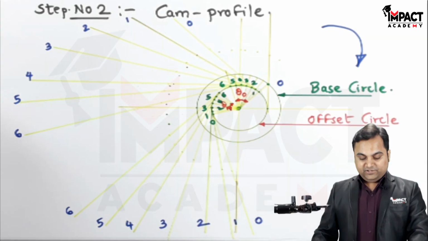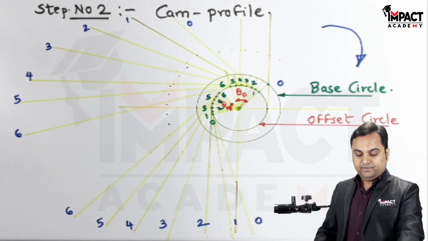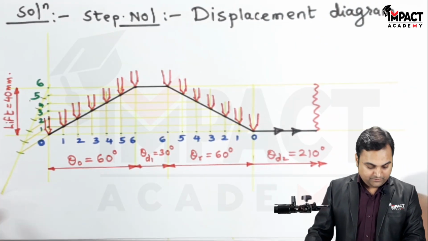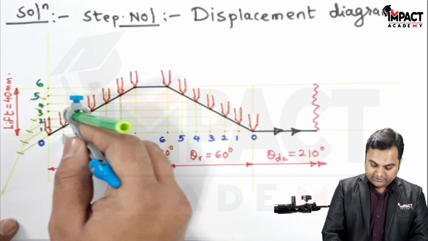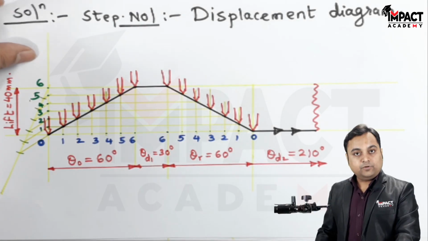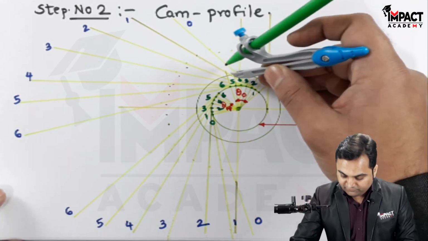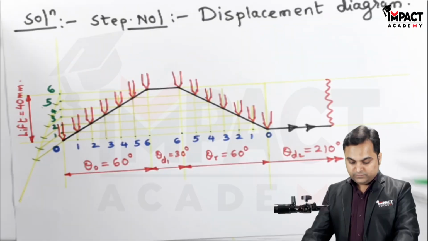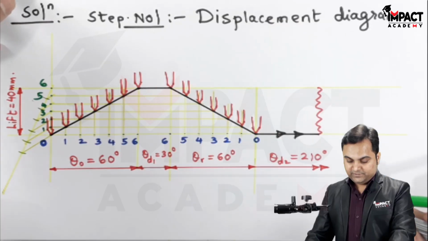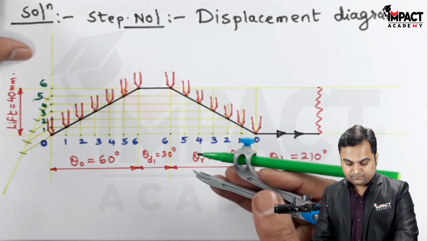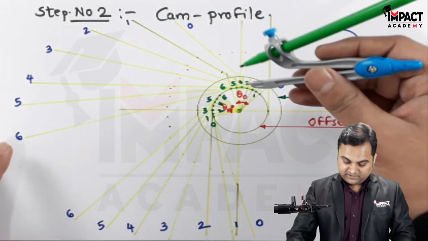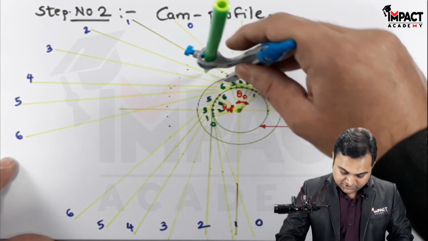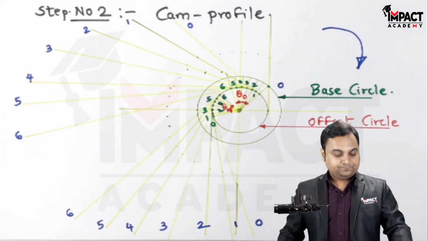Next, after reaching up till this stage, I would be using the displacement diagram, and starting with point number 1, I'll measure this vertical distance, and from the base circle on the first tangent I'll be marking this point. Next, up to point number 2, again from the base circle on the second tangent. See, the notations are helping us solve the problem.